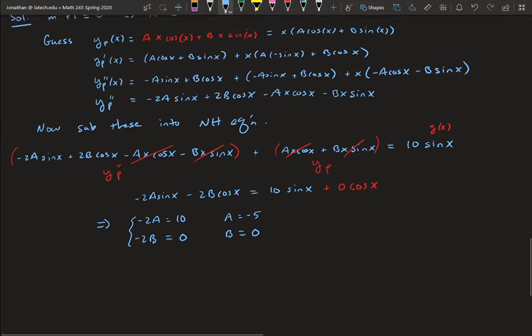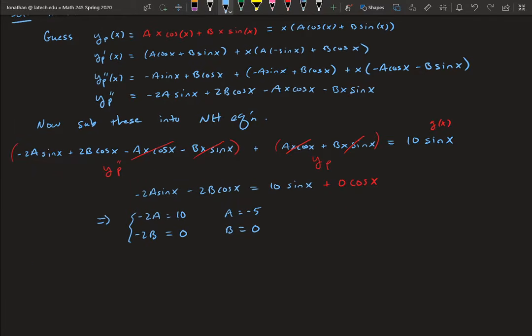So our particular solution yp of x should be equal to negative 5x cosine x. And our general solution y of x should be equal to c1 cosine x plus c2 sine x minus 5x cosine x.